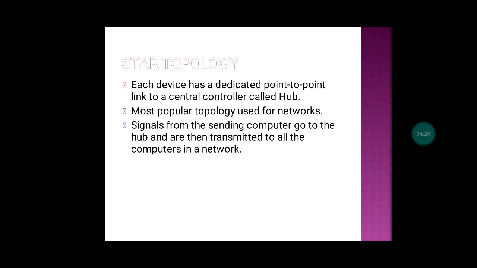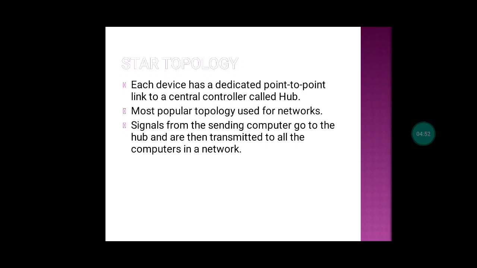Each device has a dedicated point-to-point link to the central controller called the hub. Each device is linked to the hub and not to each other. It is the most popular topology used for networks, and this kind of arrangement is used in most networks.